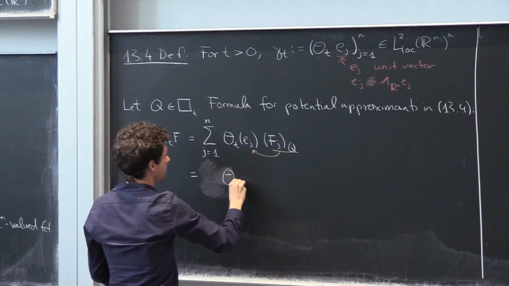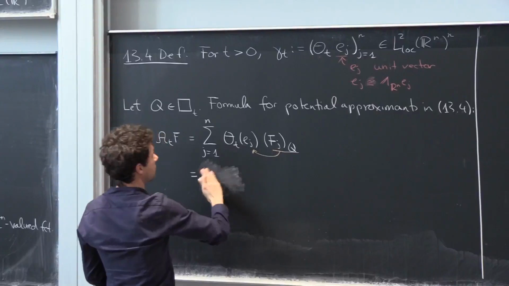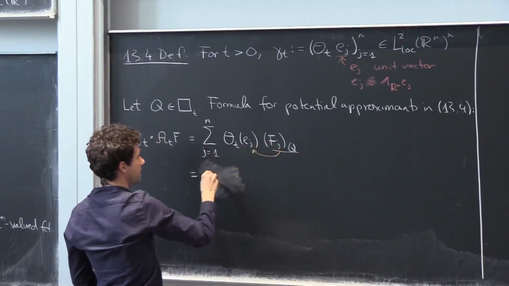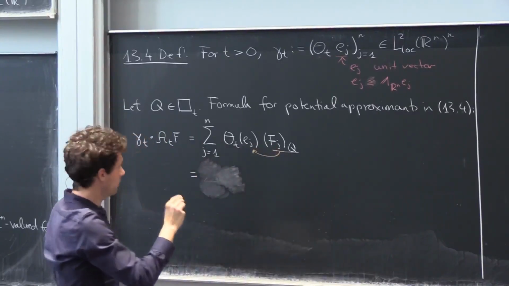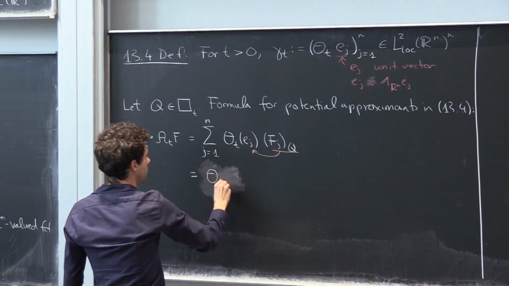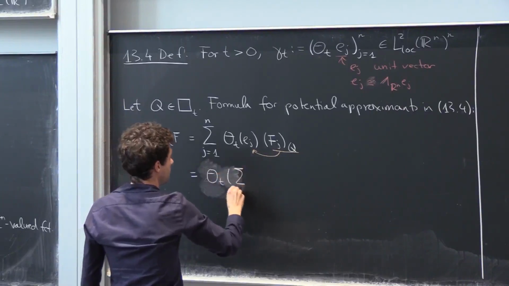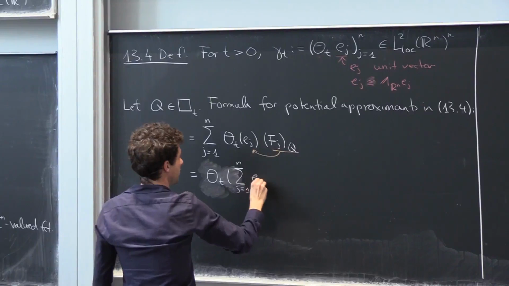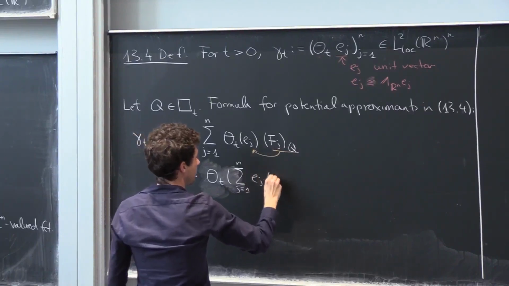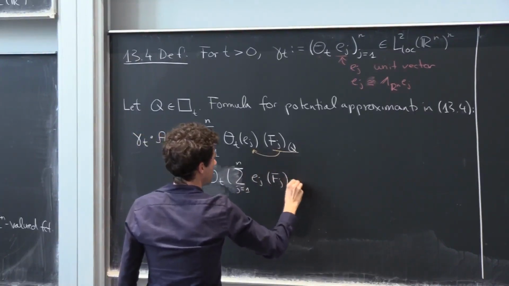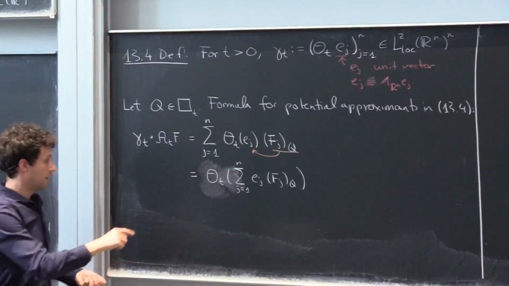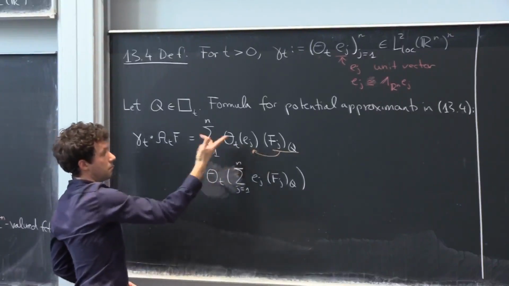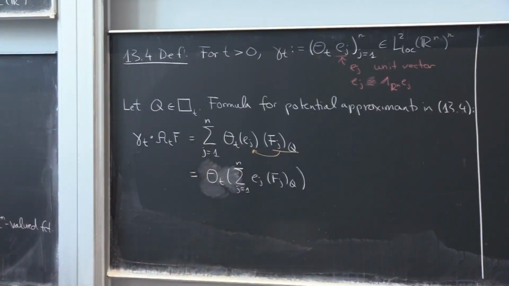I want to sneak the sum in, and I want to do that probably in one step. So theta of t is the sum j from 1 to n of e_j times f_j average over q, right? This guy goes in, and then it becomes precisely this.